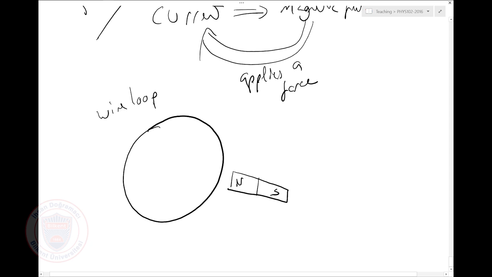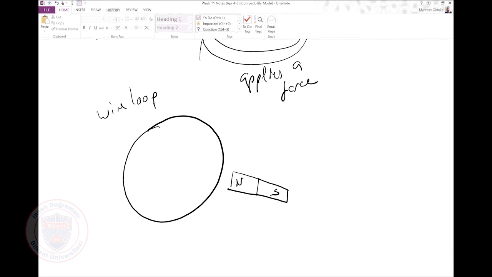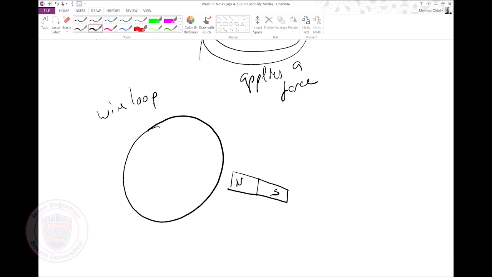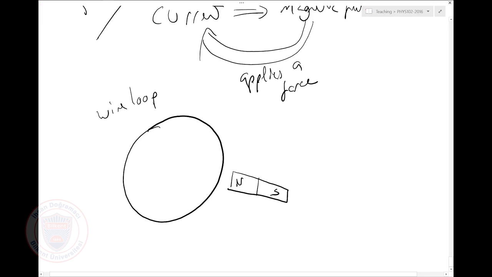Now, if both of them are static, there is no current in the loop. The magnet is not feeling any force. But once he moved the magnet towards the loop, he noticed something interesting.